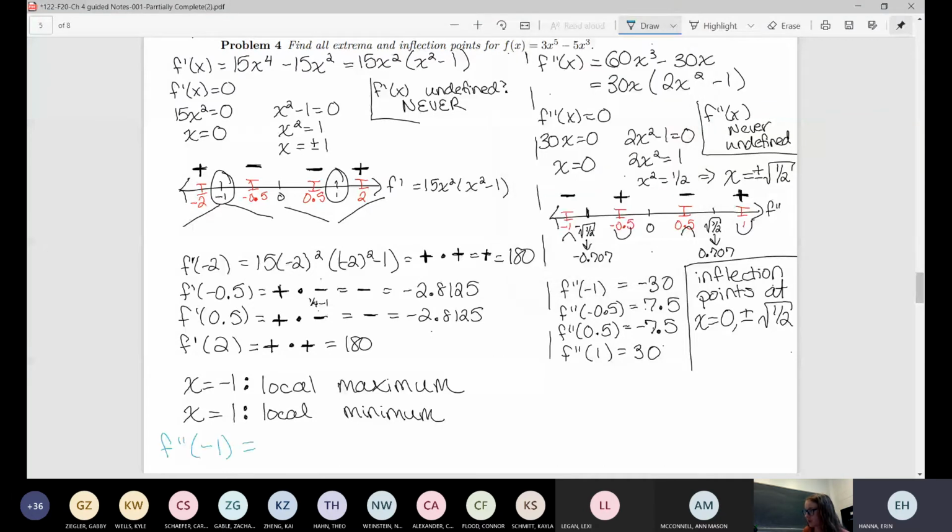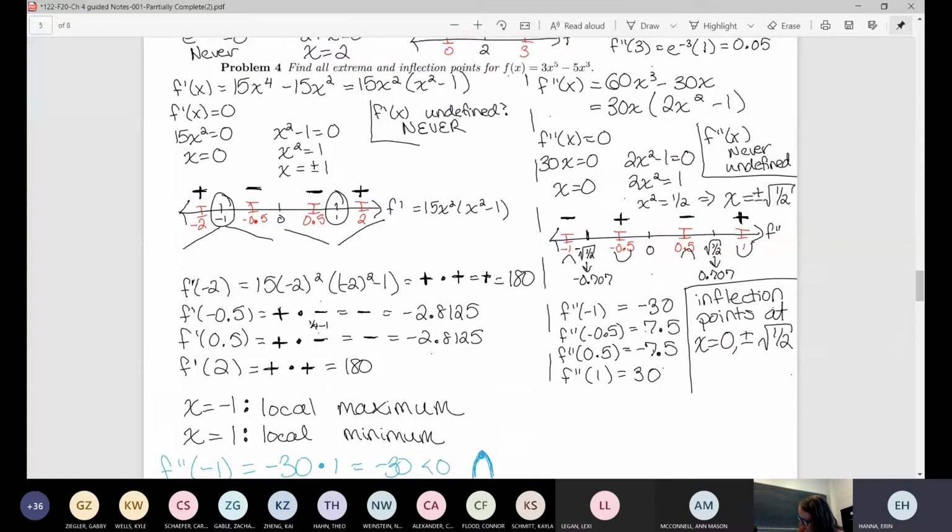Actually, this is probably a good one to note something. If we use the second derivative test, we would have gotten negative 30 times 1, so negative 30. Well, I already knew that because I plugged it in over there. So that would be less than 0, so it would be concave down. So we'd have a max, which we did find. And then I ran out of space, so I'll just write it over here.